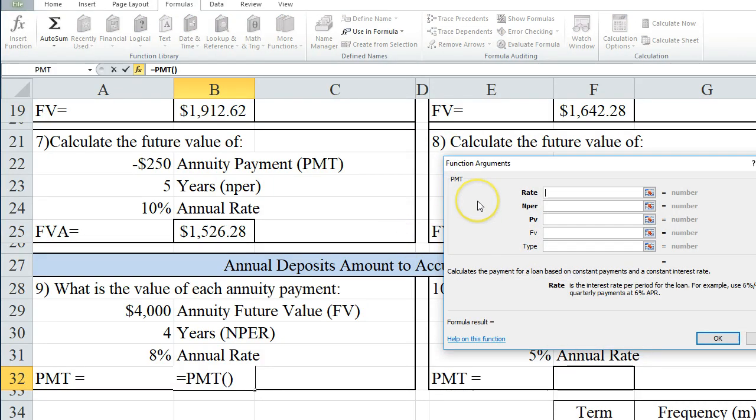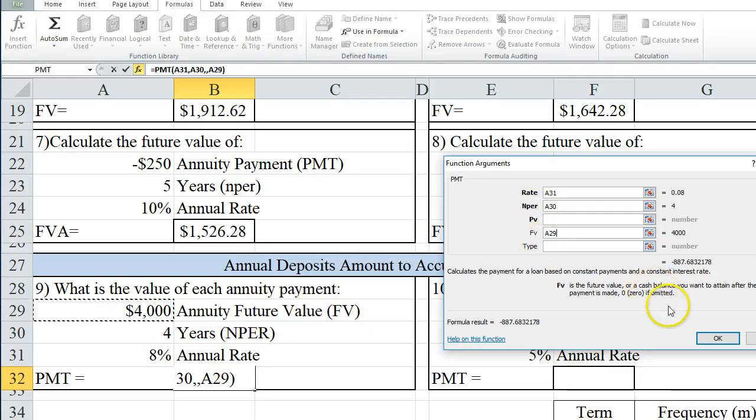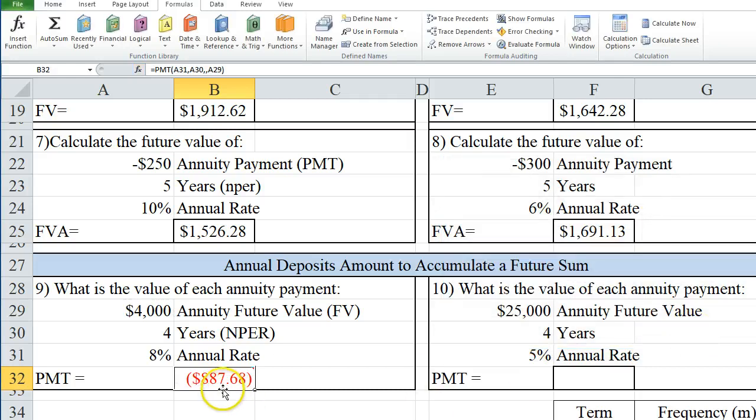So my rate is the rate, N per is annual, so it's the years, and we have our future value here, and it even says annuity future value, FV. So I have my three inputs, and I'm going to hit OK. And this is expressed as a negative number because it's a payment.